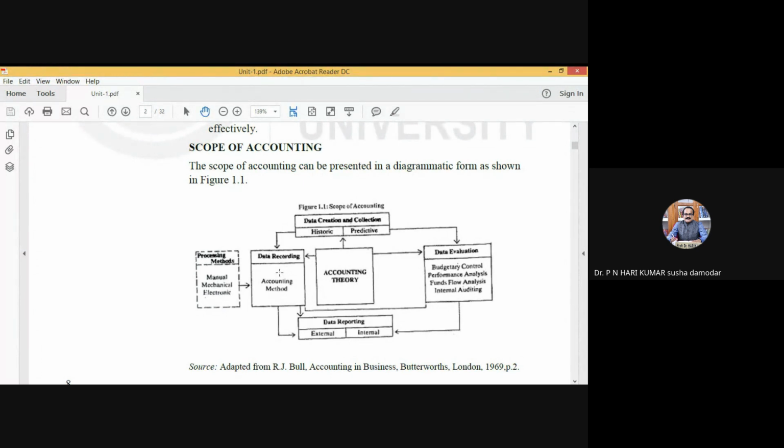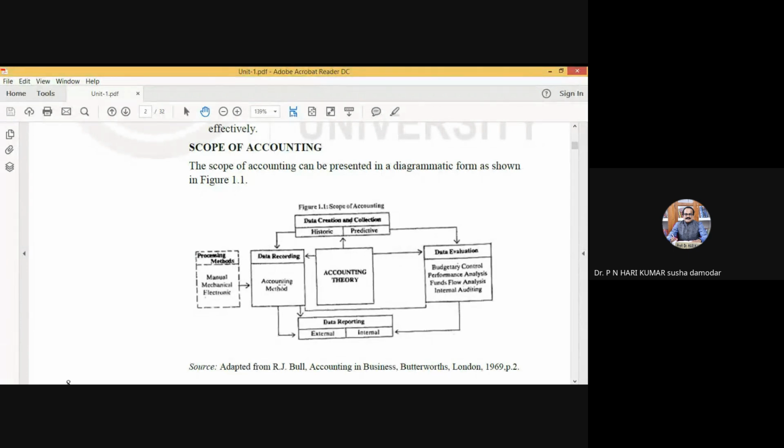Data creation and collection, historical way and predictive way. Different methods are used, manual, mechanical, electronic, and such data or information shall be recorded. For that purpose, there are different accounting methods.